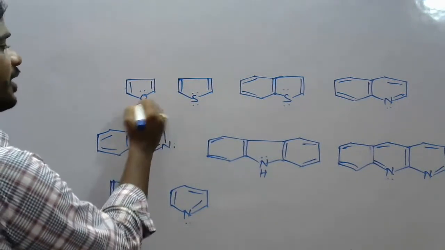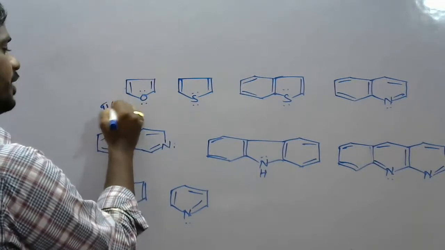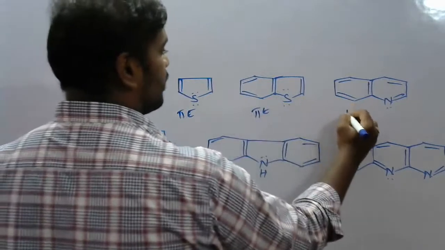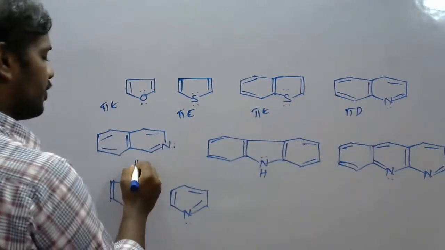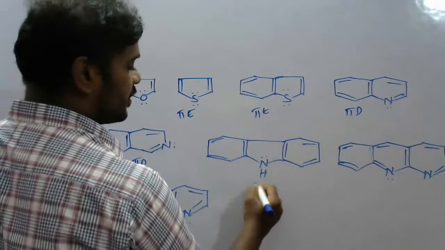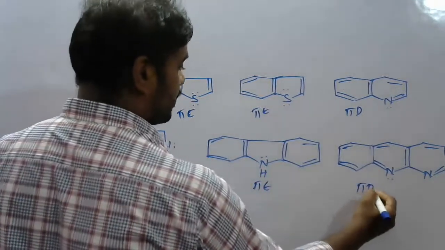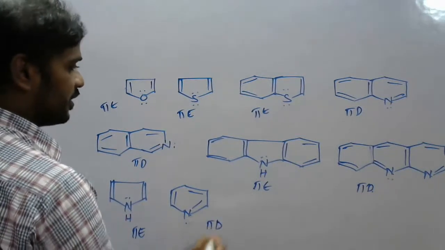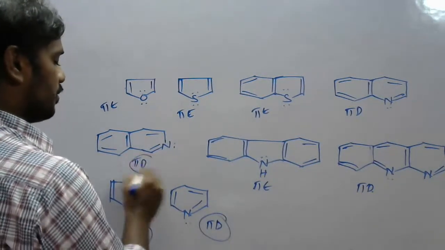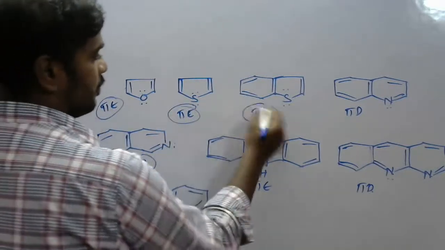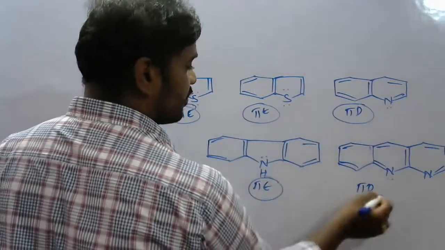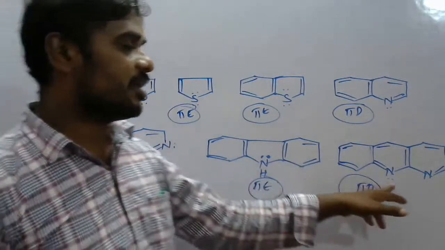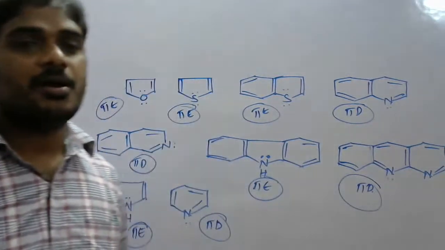These are pi excessive, pi excessive, pi excessive, here pi excessive, here pi deficient, here pi deficient, here pi excessive, here pi deficient, here pi excessive, here pi deficient. Pi excessive is the involvement of the lone pair of electrons inside the ring, and pi deficient is the presence of the lone pair of electrons outside the ring.